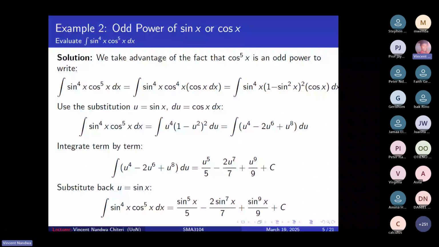Then the next step is to integrate each part using the power rule, and you get u power 5 over 5 minus 2u power 7 over 7 plus u power 9 over 9 plus c. Then you substitute your u with sine of x, and this will be the final solution.